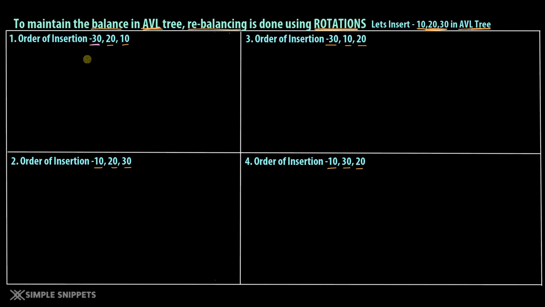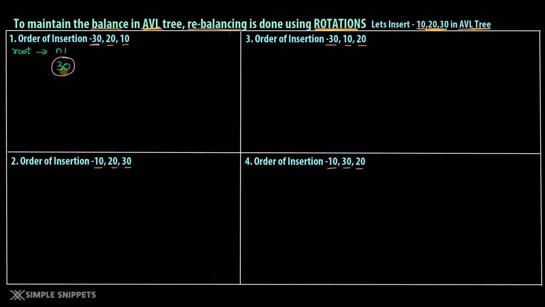So first you insert 30, right? We just created a node 30. Let's name it N1, and of course this is going to be the root node, correct? Alright, so the next node that we want to insert is 20. Now as I mentioned, we are constructing a binary search tree, and out of the binary search tree we also want to do rotations and get the AVL tree. So when you're creating a binary search tree, remember the placement of these values matters.